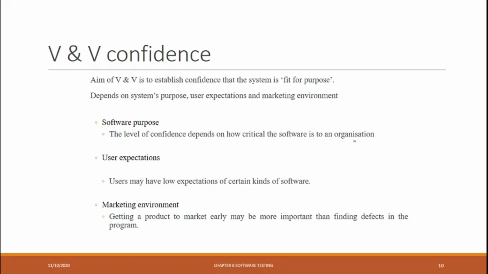And user expectation: users may have a low expectation of certain kinds of software. They are not surprised when their software fails. That is because of the expectation of software quality being low, they are not surprised when the software fails. When a new system is installed, users may tolerate failure also.